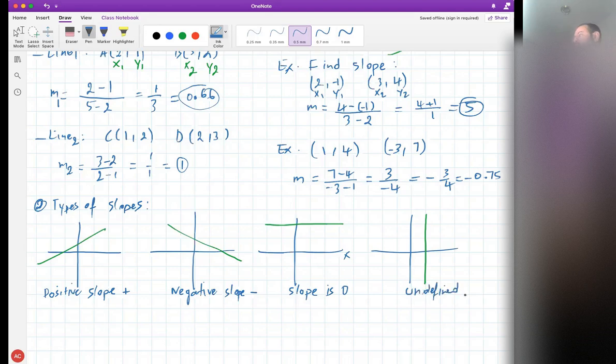Undefined meaning you won't be able to find it. Whatever numbers you try, getting 2 points from here and putting them in the calculator, it will give you something weird, like undefined or error. You can try it later for yourself. Just remember, when the line is vertical, the slope is undefined.